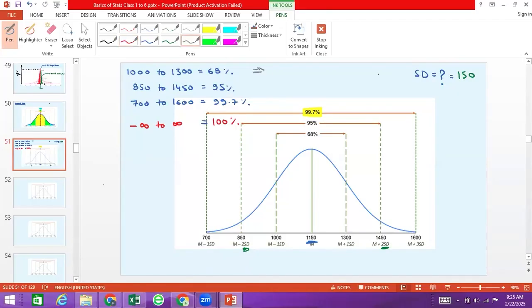But when we have the data set, won't we know the minimum and the maximum value then? You are right. But let's say you just have the distribution.